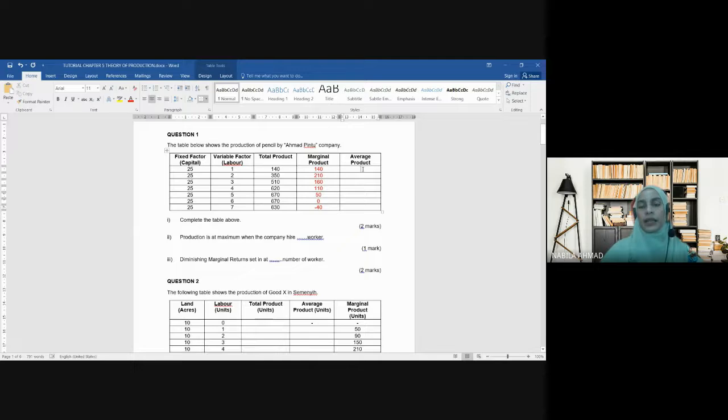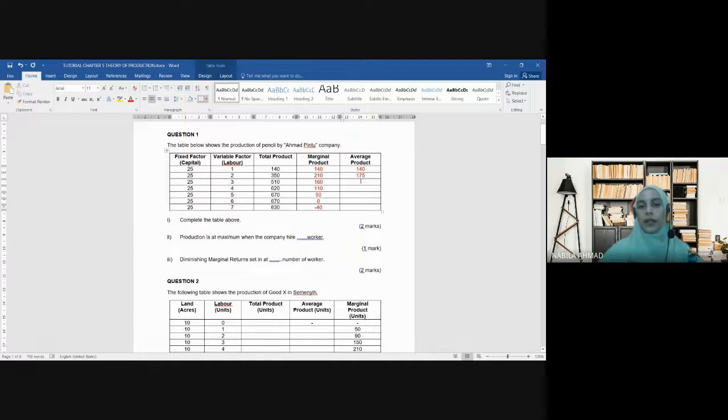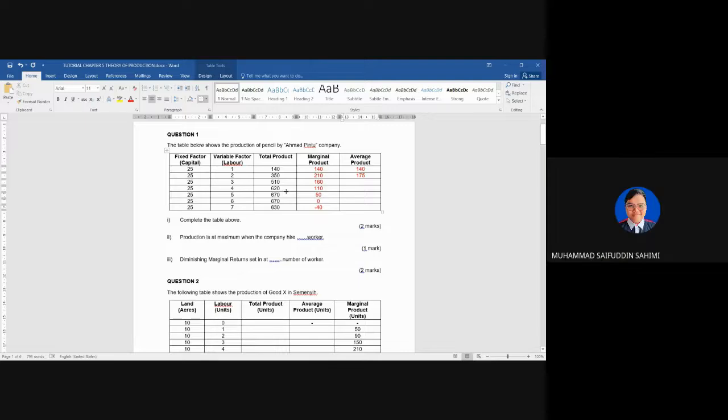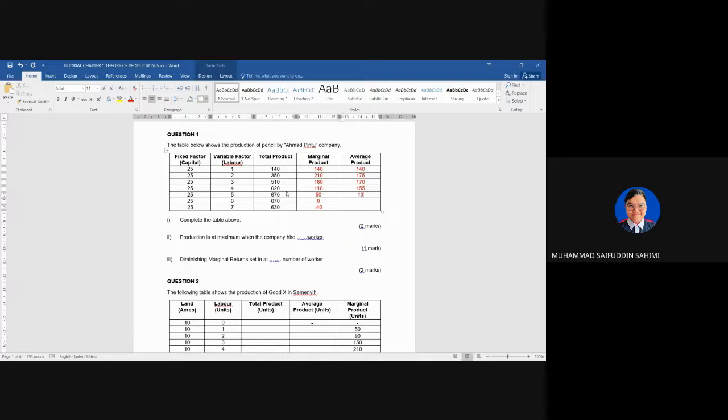So average product simple je lah. Total product bahagi labor. 140 divided by 1, 140. 350 divided by 2 berapa? 175. And then 510 divided by 3 berapa? 170. And then 620 divided by 4, 155. And 670 divided by 5, 134.